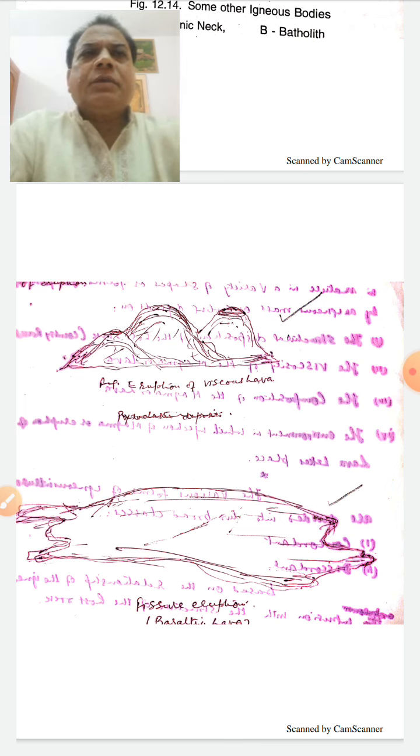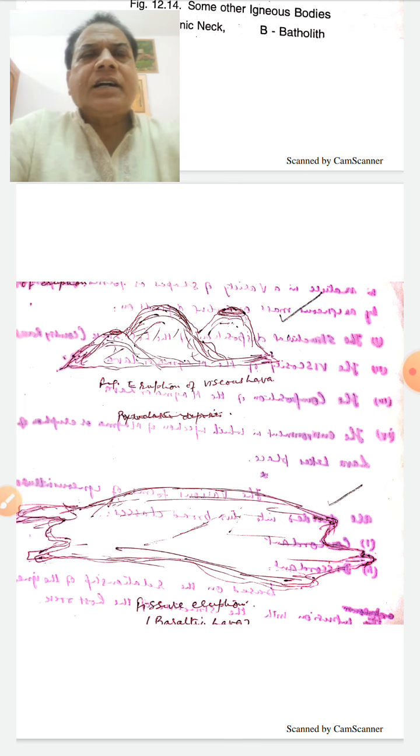What form an igneous mass will acquire on cooling depends on a number of factors. The various factors are, first, the structural disposition of the host rock, or we also call them the country rocks, which are already present. Second, it will depend on the viscosity of the magma or lava, and viscosity, you all know, also depends on the silica content of the magma.